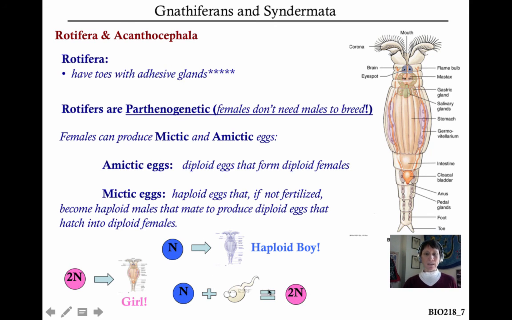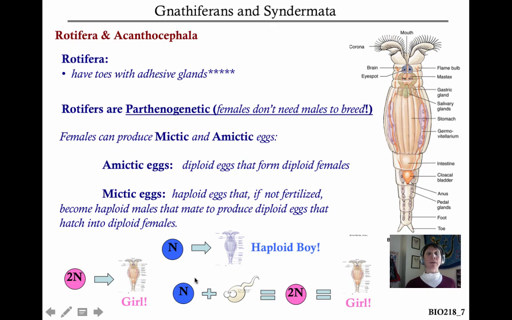If a mictic egg is fertilized, then that will form a diploid individual and you'll get a girl. Okay? So you can get females in the population either through fertilization of a mictic egg or through the cloning ability of a diploid egg.